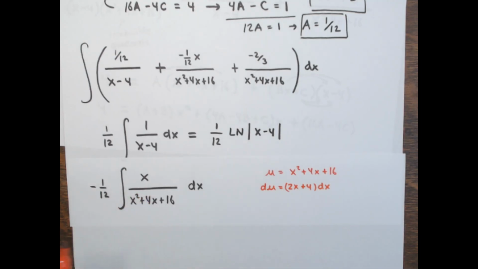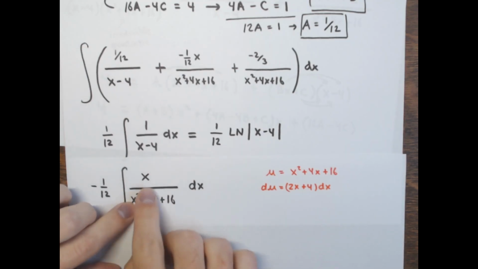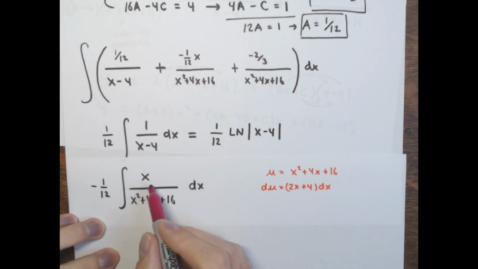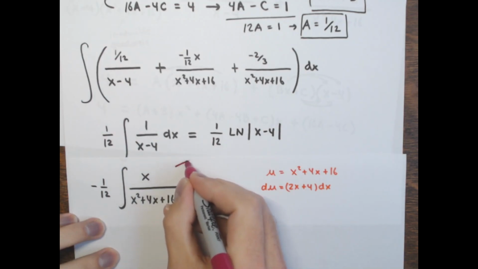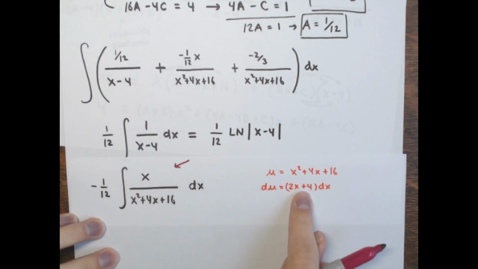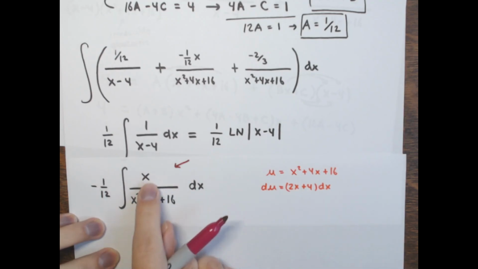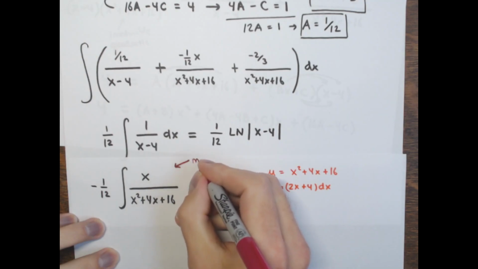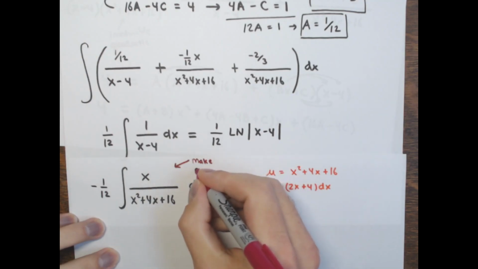So what I'm going to do with these, and if you see a different way of doing it, fine. You might do completing the square and make a u-sub, fine. But I'm going to do it this way. I want to do some manipulation to make this numerator look like 2x plus 4. Make the numerator look like the derivative of the denominator through some manipulation.